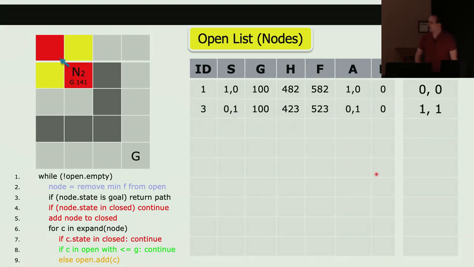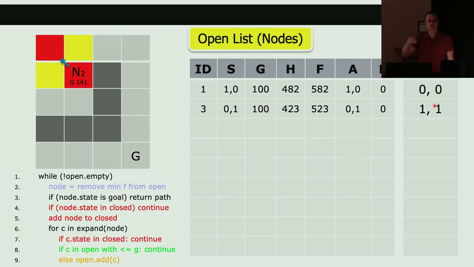So we remove that from the open list, and since it wasn't in the closed list, we keep going, and we add it to the closed list. So now 1, 1 is in the closed list. Okay? Now, a really interesting property that we can see is, remember that property of how we always expand all the nodes that have a lesser path to the goal node? That also works for every node that we take off of the open list.